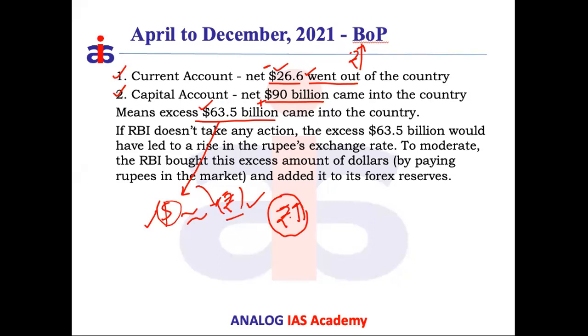Okay, so this is what happened from April to December, and even during that period, because of RBI intervention, we did not see the rupee value appreciating compared to the dollar.